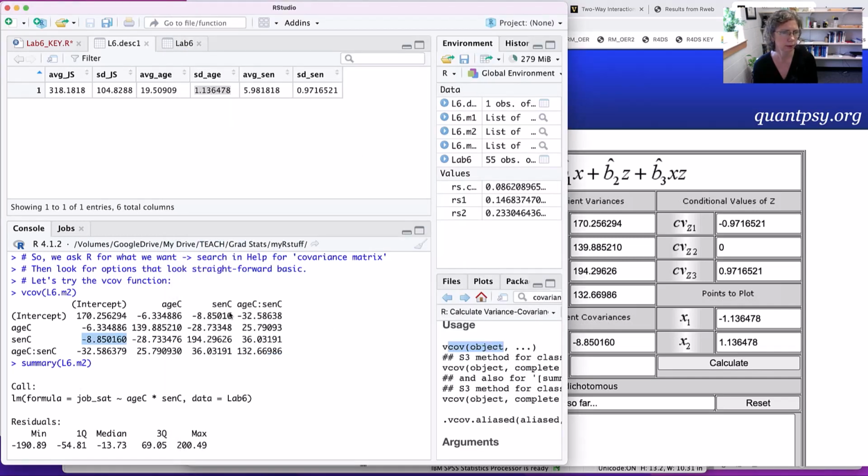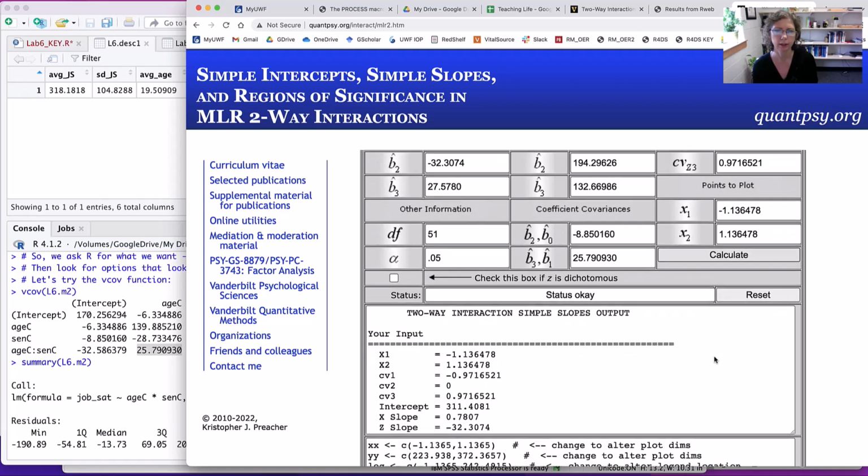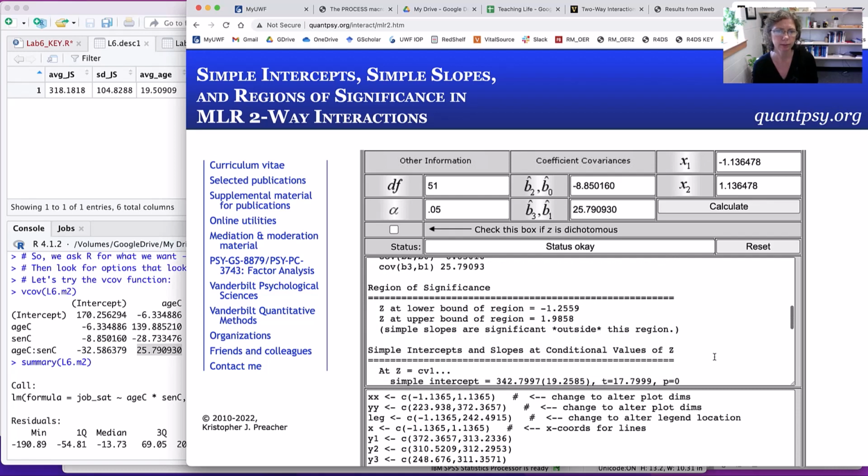So age and the interaction right there. All right, do I have it all in correctly? Got my coefficients, the variances, the covariances, where it's getting plotted at, and degrees of freedom. So I'm going to calculate there, and we have the output, what we put into it, basically.